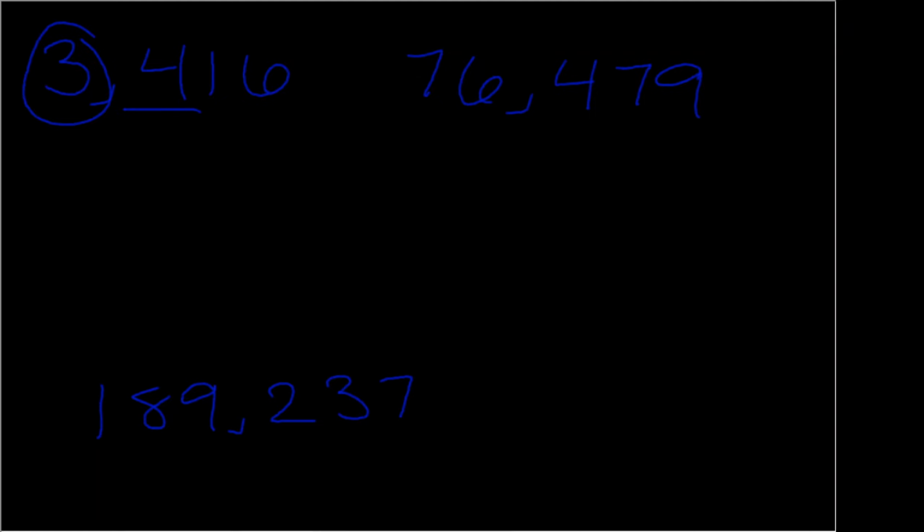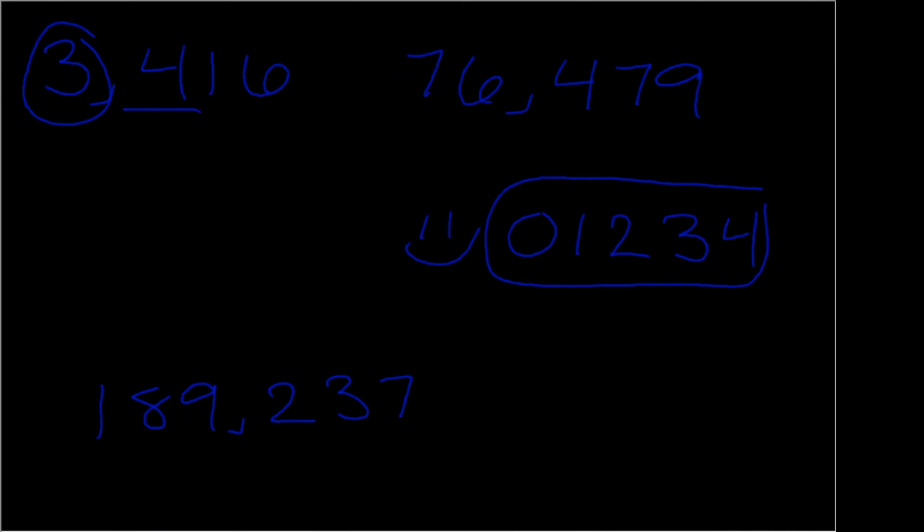If my digit is 0, 1, 2, 3, or 4, that is a very nice boss. If my digit is 5, 6, 7, 8, or 9, that is an angry, pushy boss.